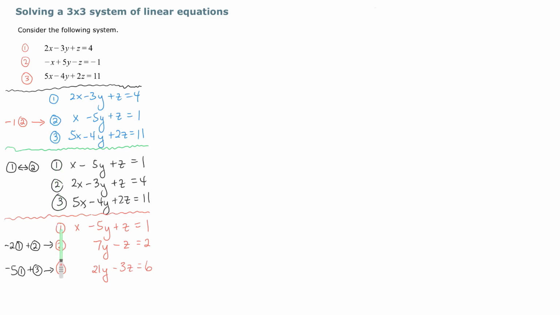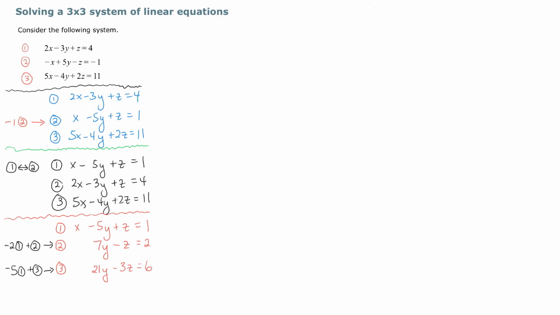So every time we rewrite the system, we tend to write all 3 equations. Now I'm going to look for patterns. There's a pattern with equations 2 and 3. It's hard not to notice it. I'm going to do negative 3 times equation 2 and then add it to equation 3.